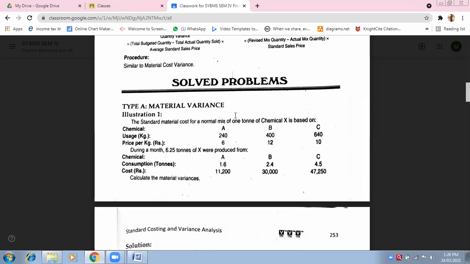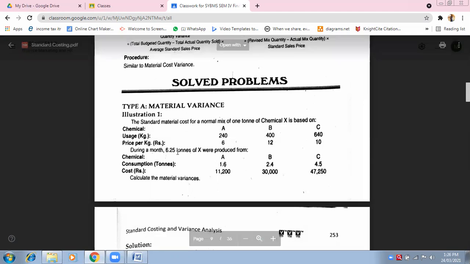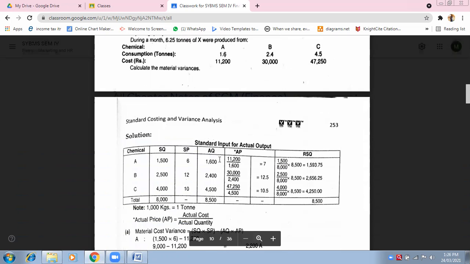But exactly 1 ton is not produced. We are producing 6.25 tons during a month. So we will have to convert according to 6.25 tons.